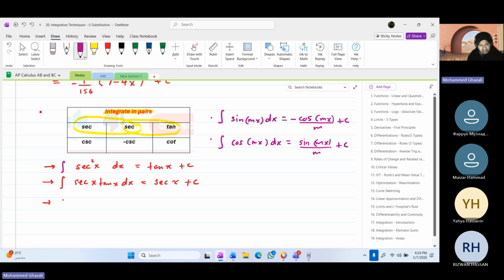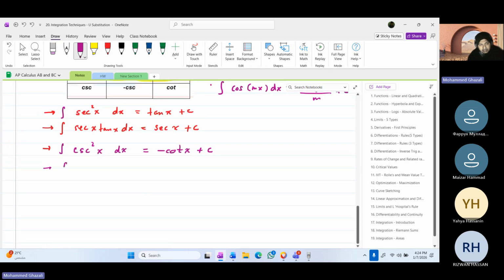So integral of cosec squared, it is negative cot x plus c. Yes. And last one, integral of cosec x cot x is going to be negative cosec x plus c. Are we good, guys?